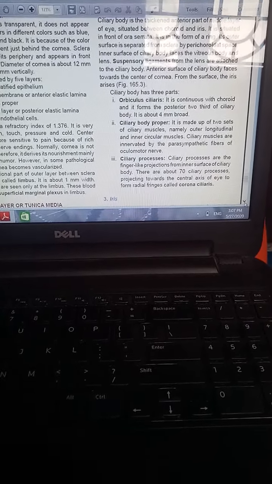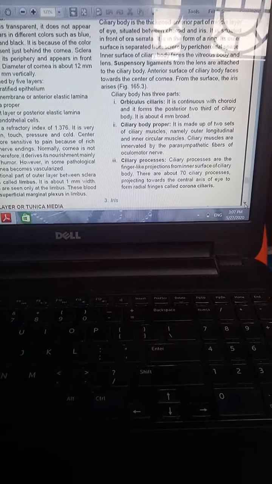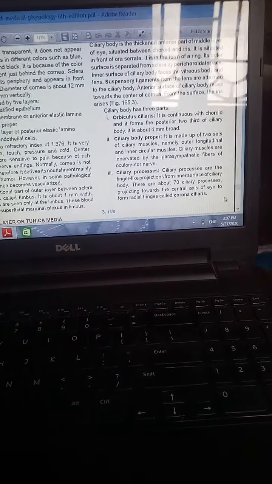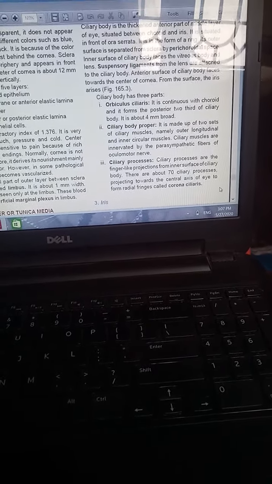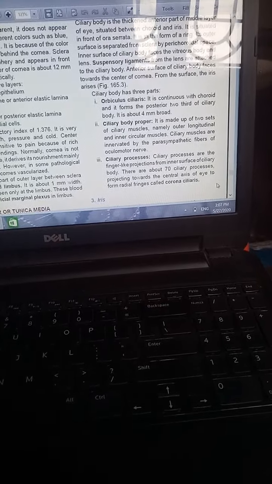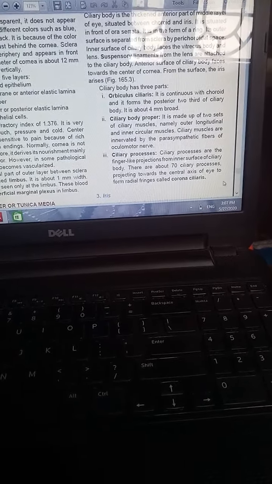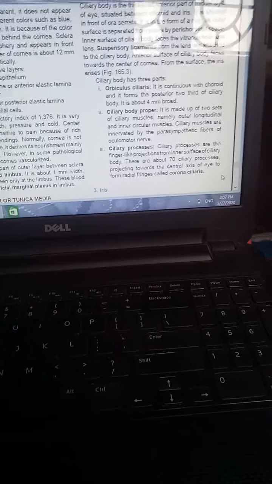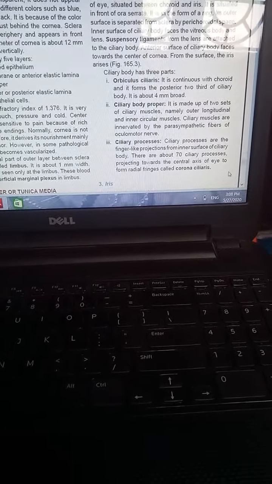These ciliary muscles are innervated by the parasympathetic fibers of the oculomotor nerve.